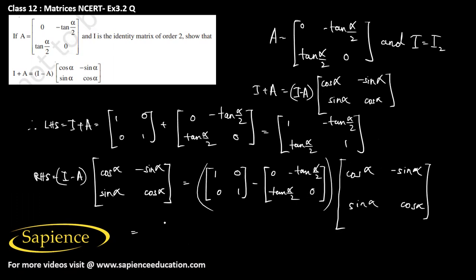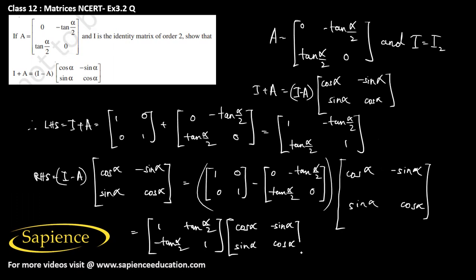So therefore I minus A will be equal to 1 minus 0, that is 1, 0 minus this, that is tan alpha by 2, 0 minus this, that is minus tan alpha by 2, and 1 minus 0, that is 1, into [cos alpha, minus sin alpha; sin alpha, cos alpha].